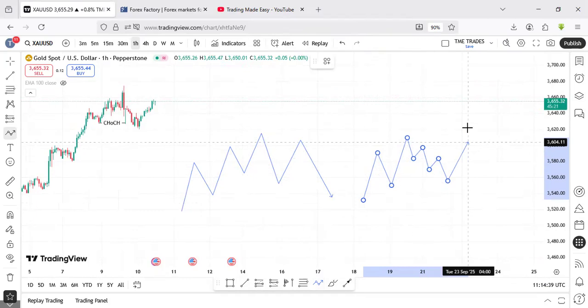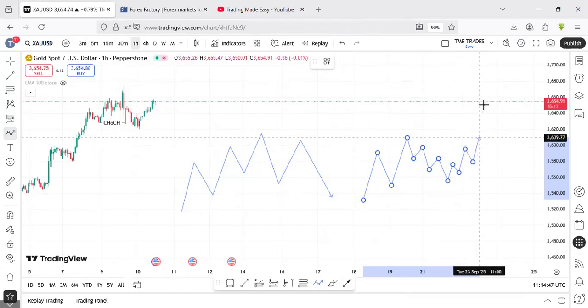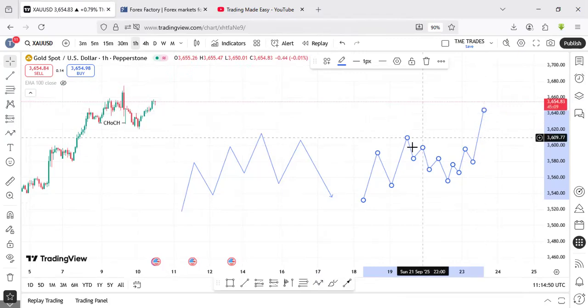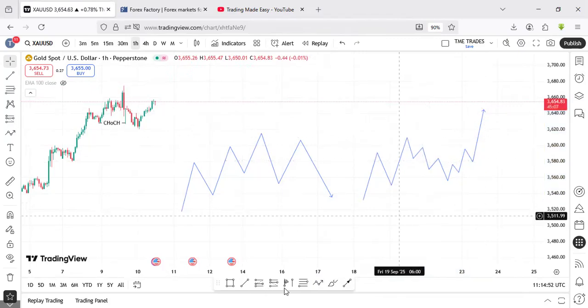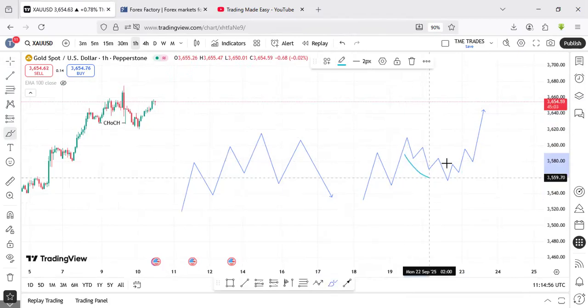Then it will continue this way and create another higher high. So all these things you are seeing right now are not a break of structure or change of character.